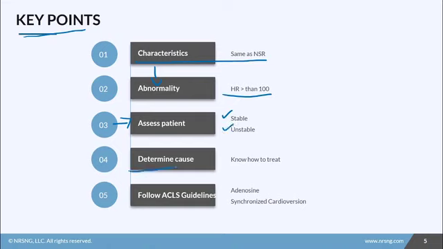And determine the cause. If you know why they are tachycardic, it is so much easier to treat them, and you know how to treat them. And always follow the ACLS guidelines. Adenosine, start with adenosine, 6 milligrams the first dose. If that doesn't work, then give them 12 milligrams. If they are unstable, then we got to do a synchronized cardioversion.